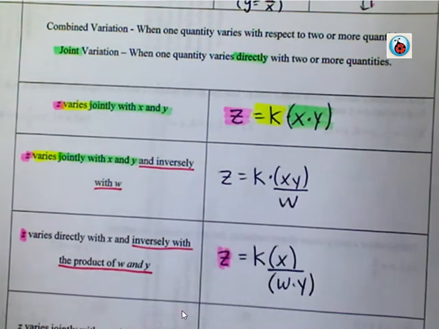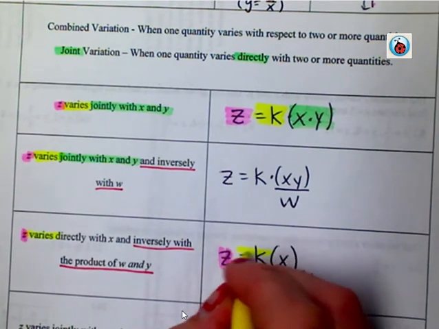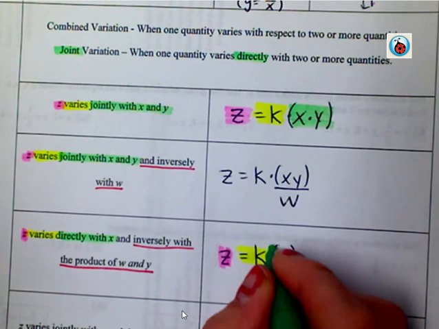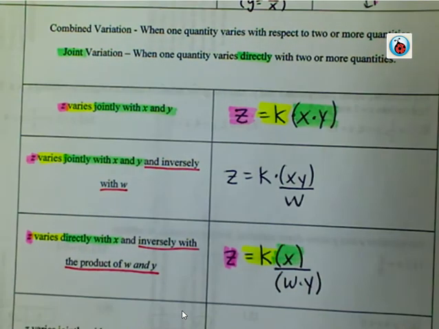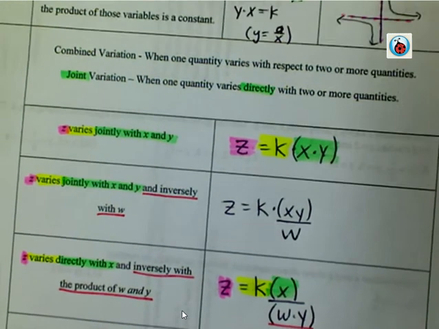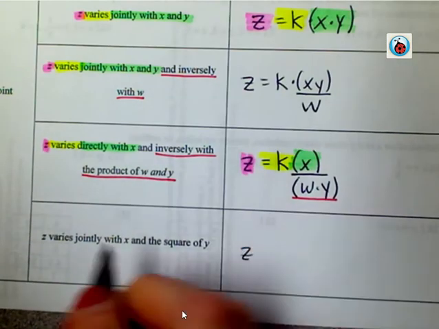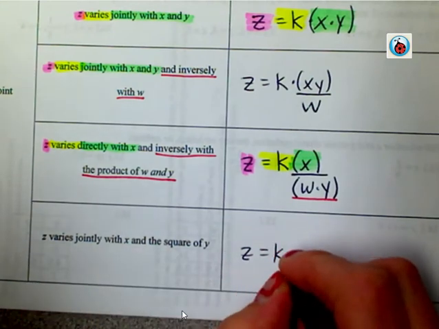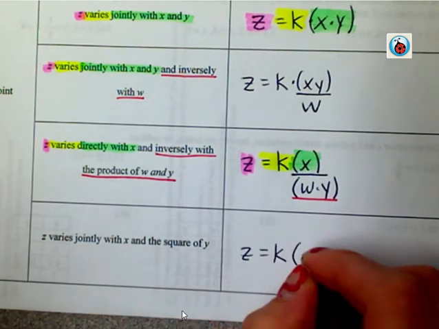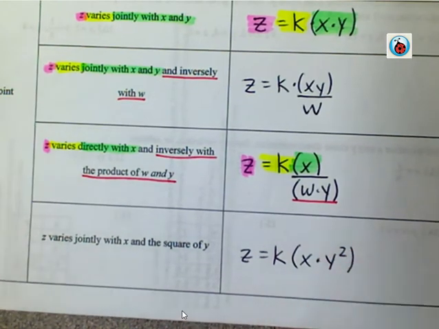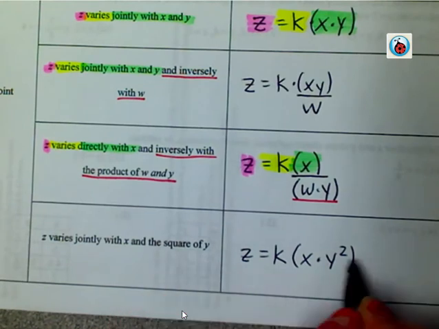Z varies directly with x and inversely with the product of w and y. So we're translating sentences. Let's do the last one. Z varies jointly with x and the square of y. Notice the power, square of y.